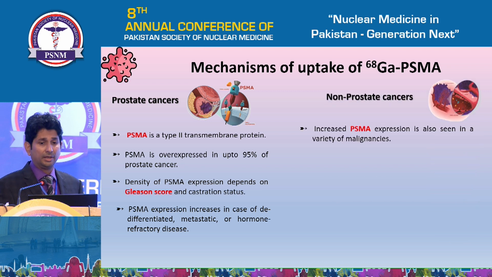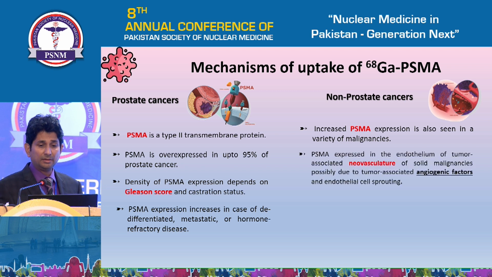In non-prostate cancer, PSMA expression is also seen in a variety of malignancies. PSMA is expressed in the endothelium of the tumor-associated vasculature of solid malignancies due to tumor-associated angiogenic factors and endothelial cell sprouting.